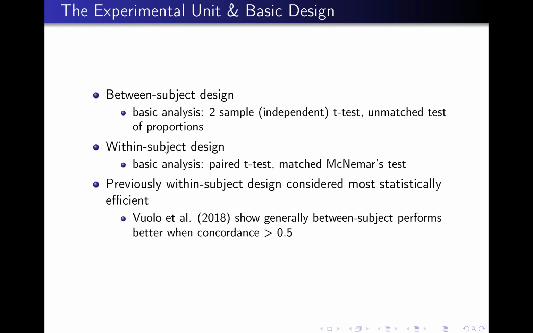But it is highly correlated with higher response rates. So if you're doing something like an employment audit where the response rates are pretty low, usually like 10 to 15%, within subject design is still considered the best. But if you're sending emails to somebody and like 90% of the time they respond, you may want to consider a between subjects design.